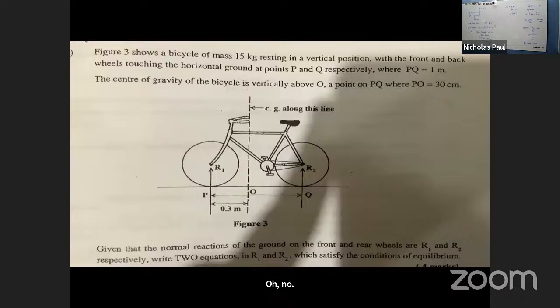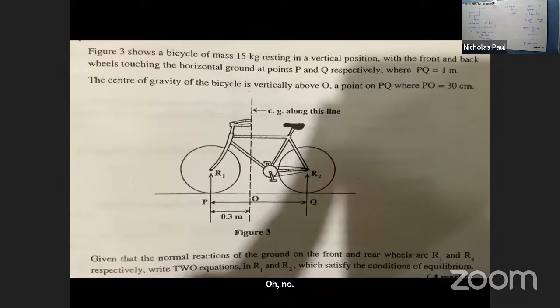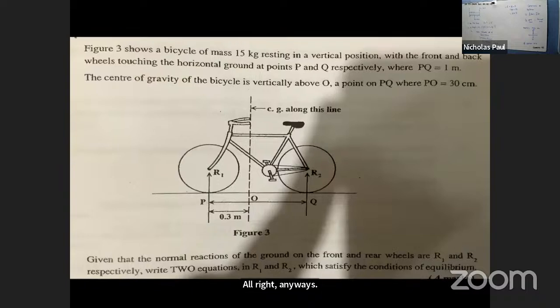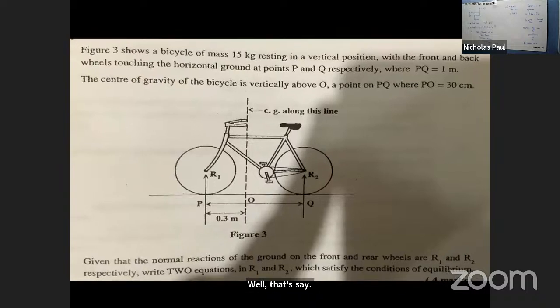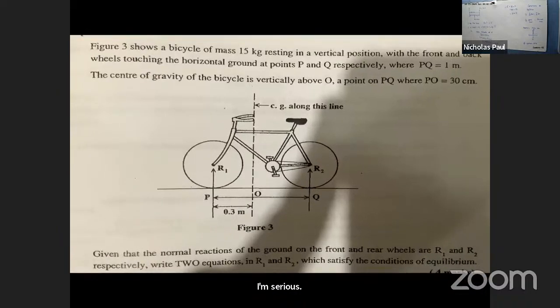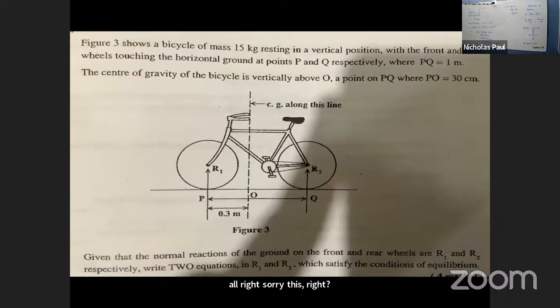All right, anyway. How about I want to see this? All right, so I'm reading it out first, right? I'm going to take a picture and then zoom in on the phone, right?